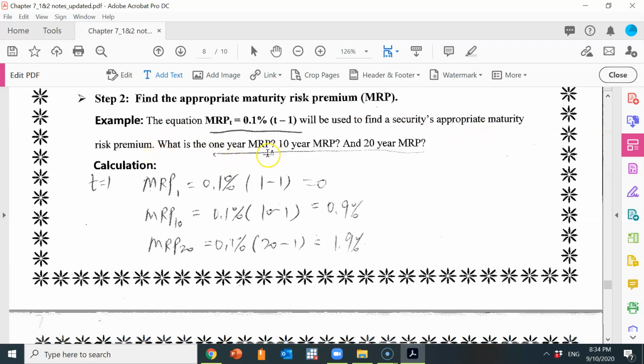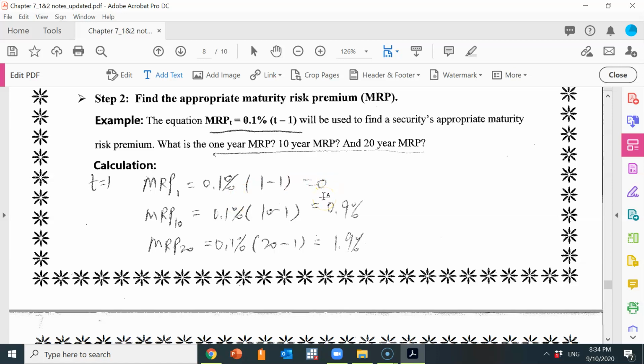What is the 1-year MRP? What is the 10-year MRP? And what is the 20-year MRP? Here T could be 1, 10, or 20, so we can just plug the number into this equation. MRP 1 equals 0.1% multiplied by 1 minus 1, so it's 0.